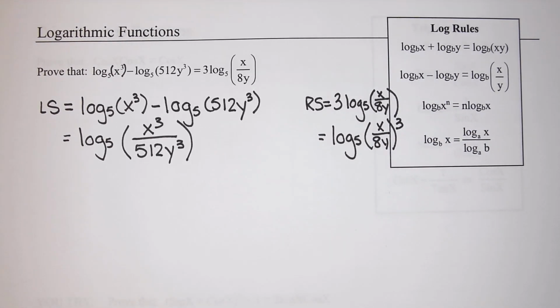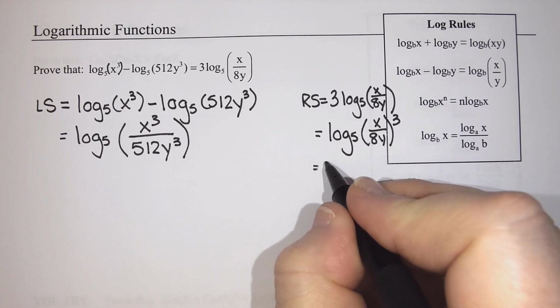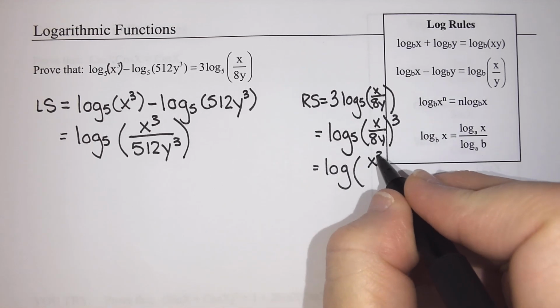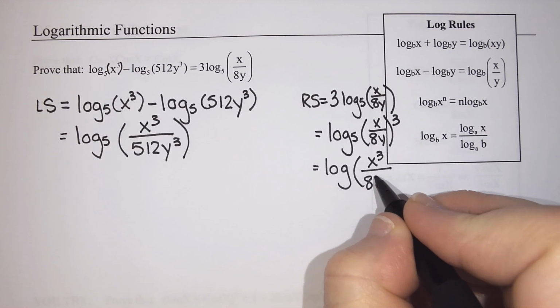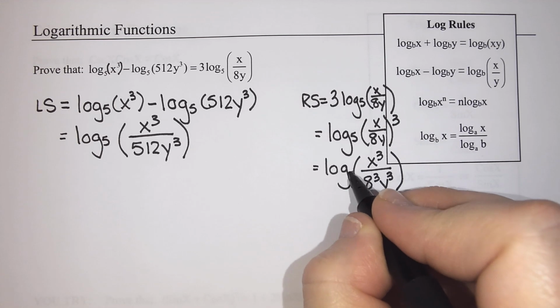Now that power of 3 is on the entire argument, meaning the x, the 8, and the y are all to the power of 3. So this is going to be x to the power of 3, 8 to the power of 3 and y to the power of 3, and I lost my 5. Sorry about that.